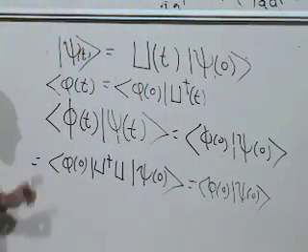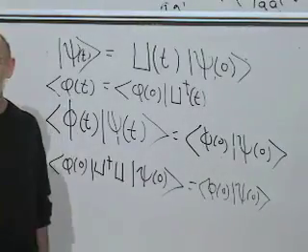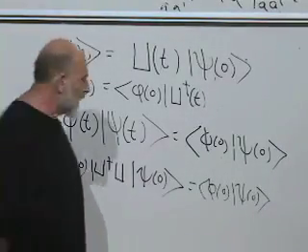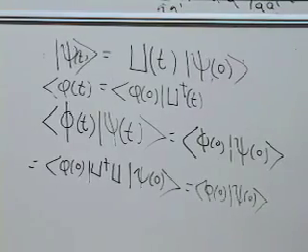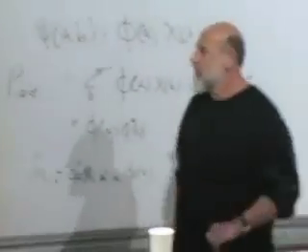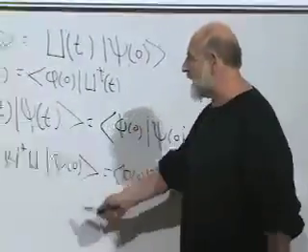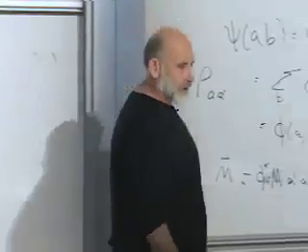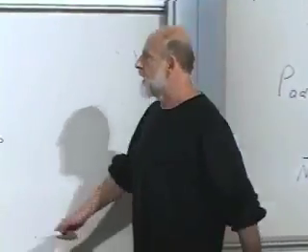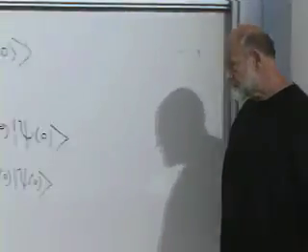And this is presumed to be true for every pair of vectors psi of 0 and phi of 0. If an equation like this is true for every pair of vectors in the vector space, there's only one conclusion, and that conclusion is that u dagger u must be the unit operator.